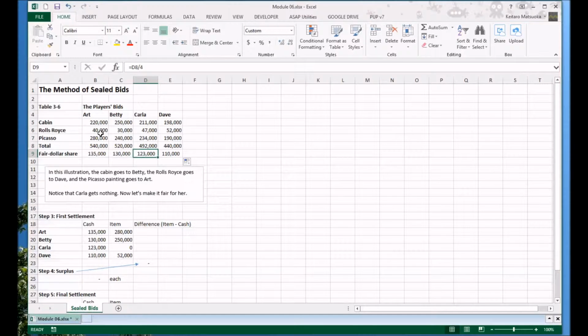The painting goes to Art because he values it the most. Carla gets nothing, so let's make everything fair for everybody, including Carla. How do we do that? Let's move on to the next step, which is the first settlement.